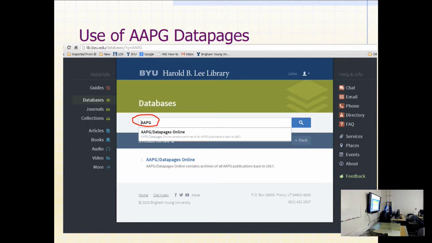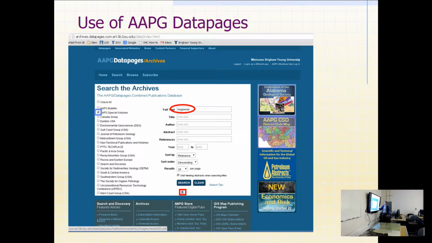As far as where you go to get this book, some of you already know this, but you go to the library site, the Harold B. Lee Library, go to databases, and just copy it from here once I give this to you. You go to library databases, and then type in AAPG as a search item, and it'll take you to this.